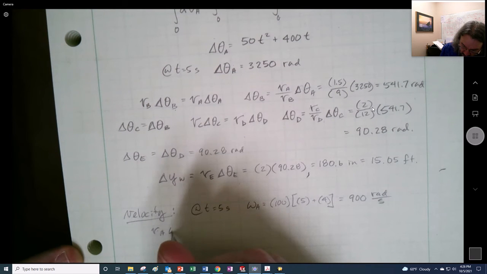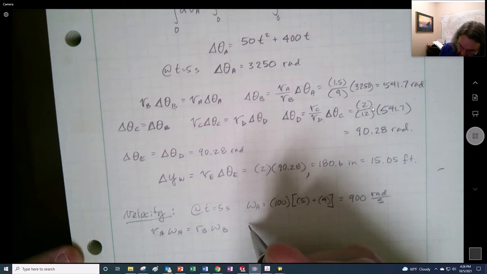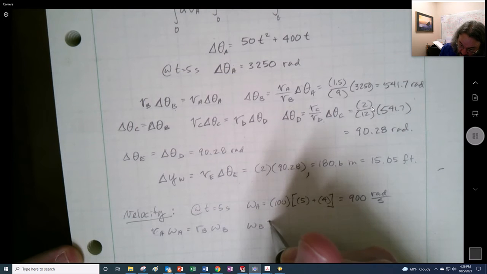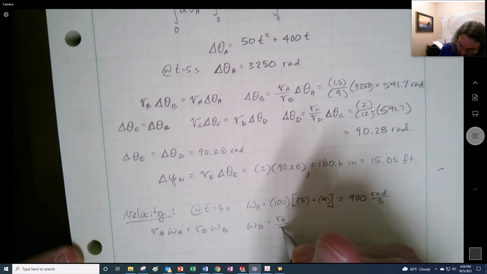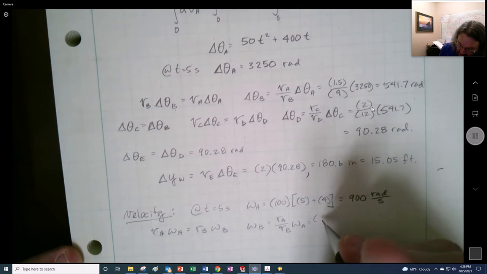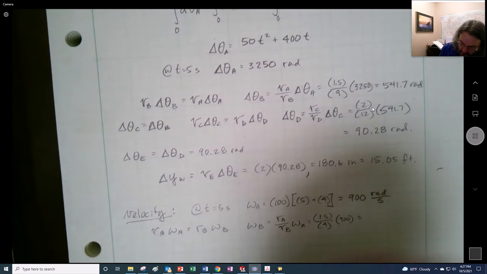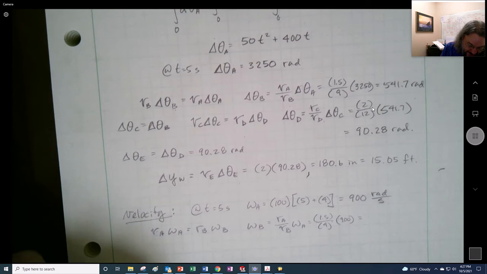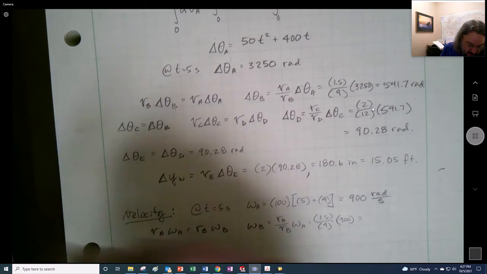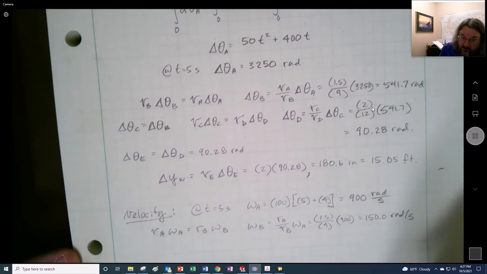RA omega A is equal to RB omega B. Therefore, omega B is going to be RA over RB times omega A. So it's 1.5 over 9 times 900, which comes out to 150 radians per second.